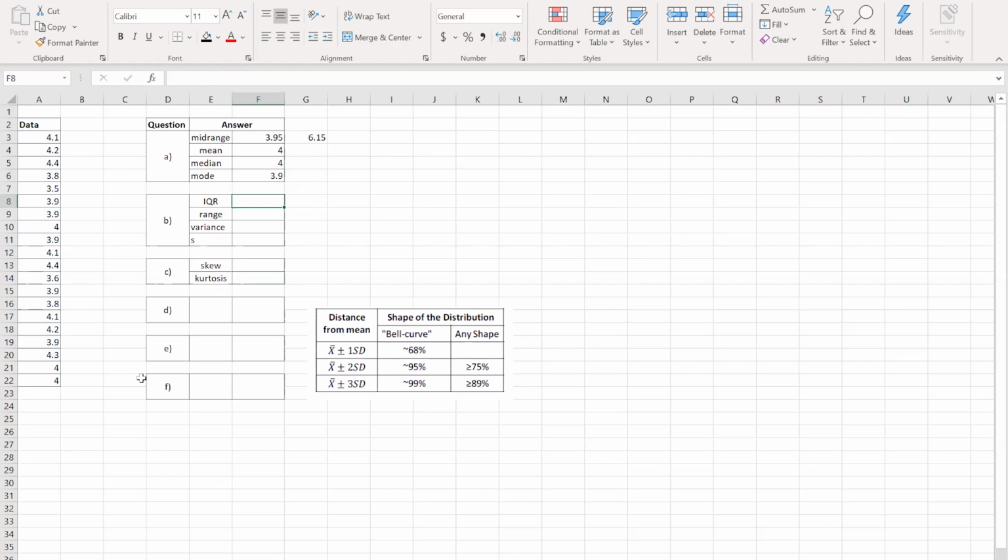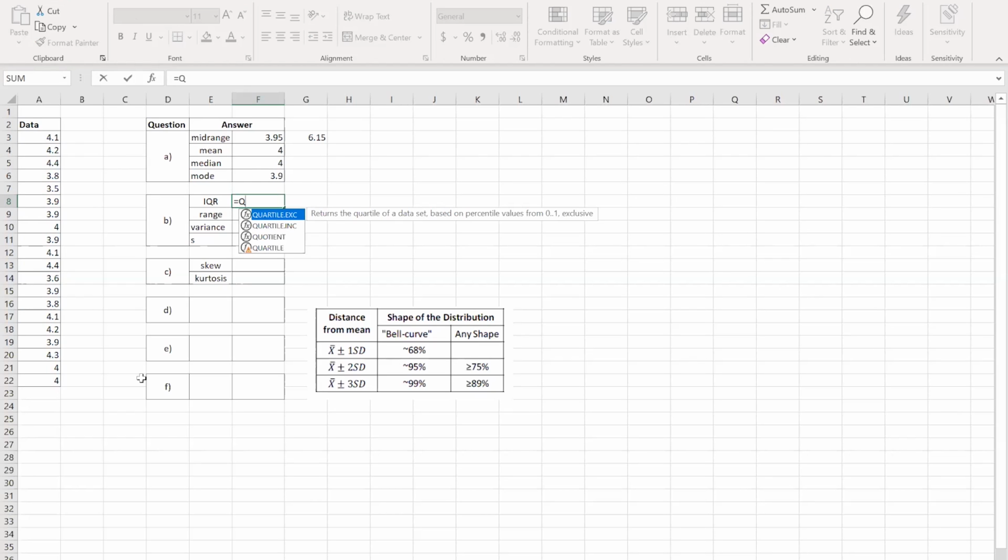For our interquartile range, that is the difference between Q3 and Q1. I wanted to mention this as well: there's a couple different quartile functions. There's quartile.exc, quartile.inc, and then just regular quartile. We're going to use the regular quartile function. The .exc excludes the quartile values, and .inc includes them.